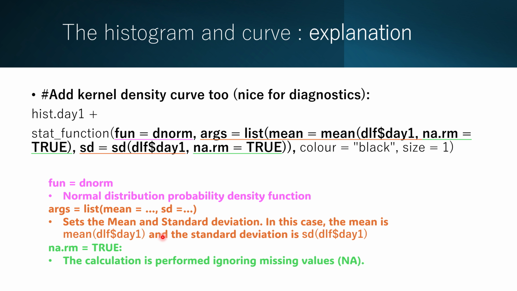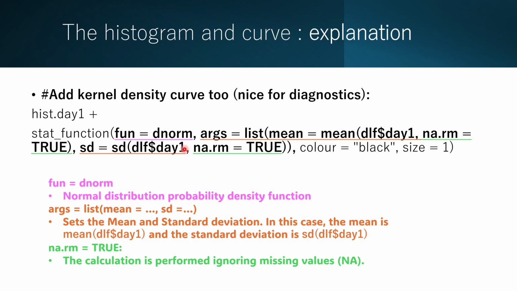In this case, the mean is the mean of the dataset and the standard deviation is the standard deviation of this dataset. Then we can draw the normal distribution adjusted to this dataset. And we can overlap the bell-shaped curve. na.rm equals TRUE means the calculation is performed ignoring missing values.